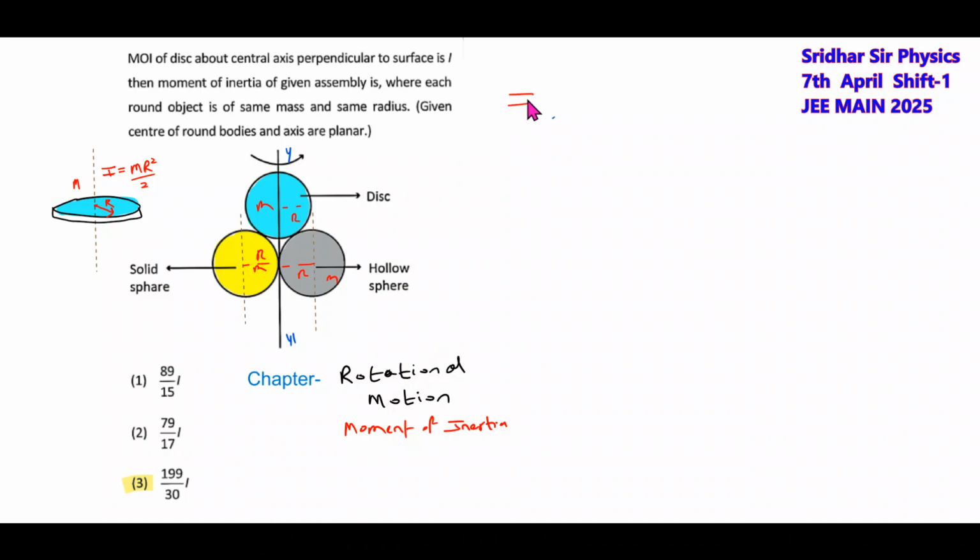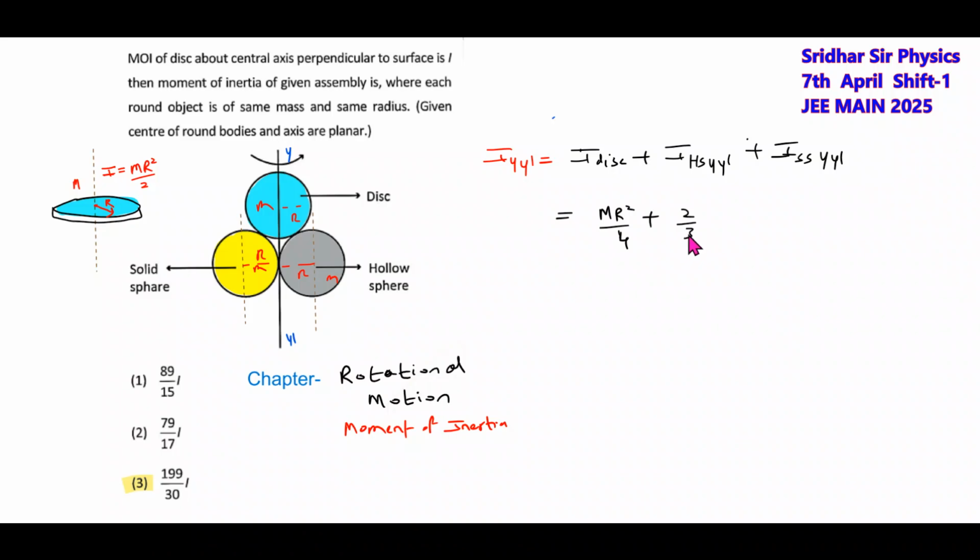Given the centers of the round bodies and axes are planar. Then moment of inertia Iyy dash should be equal to the moment of inertia of the disk, moment of inertia of the hollow sphere about the y dash axis, moment of inertia of the solid sphere about the y dash axis. For the disk, mr square by 4.